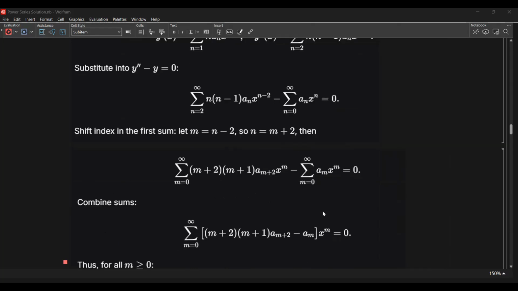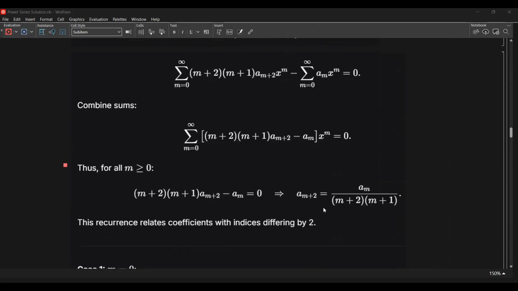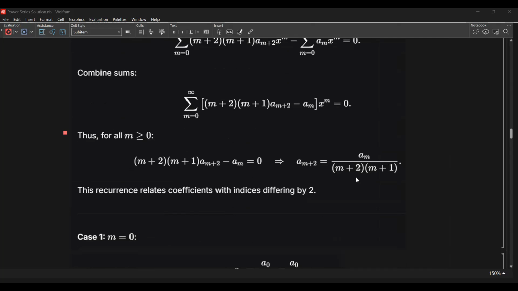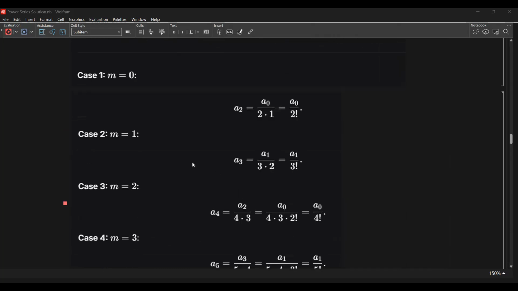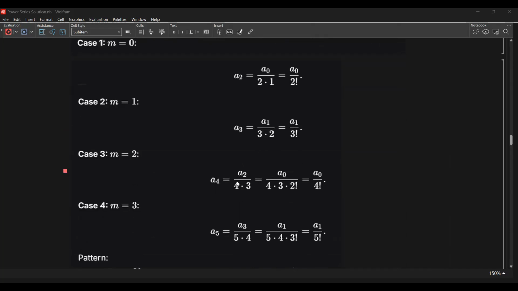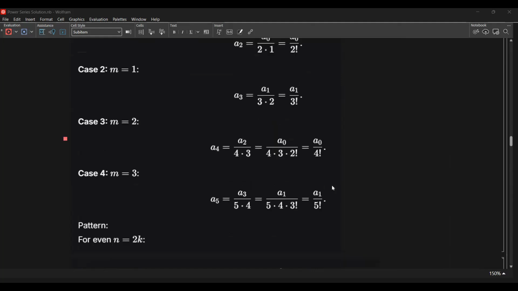So we have the coefficient in terms of the power of x, a sub m plus 2, the same formula as before: a sub m all over m plus 2 times m plus 1. So a sub 2 is a sub 0 over 2 factorial, a sub 3 is a sub 1 over 3 factorial, a sub 4 is a sub 0 over 4 factorial.